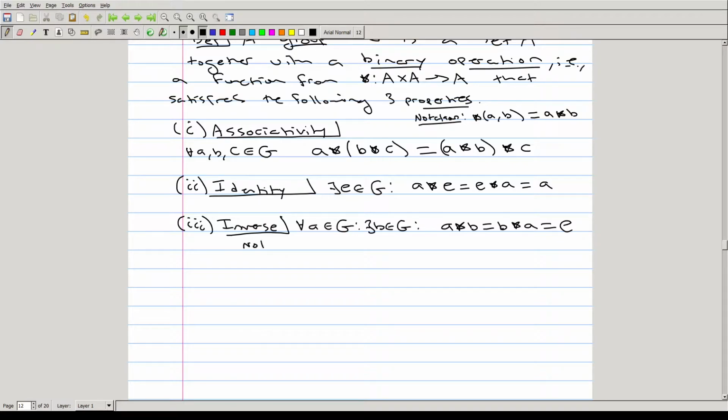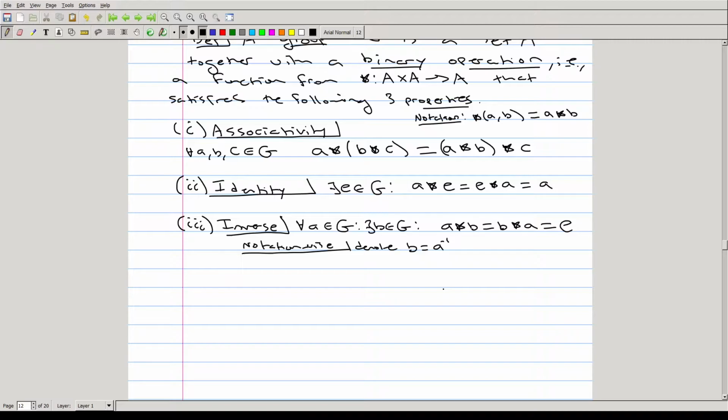Notation wise, sometimes and typically we denote this B by A with the -1 here, because this is similar to some ideas in linear algebra, and also similar to exponentiation of positive real numbers or positive rational numbers, and it's a very common notation.